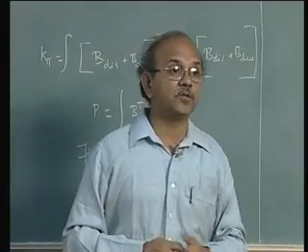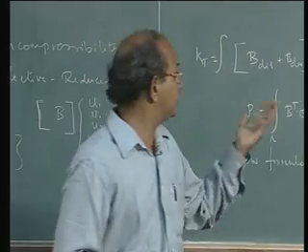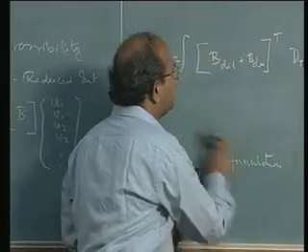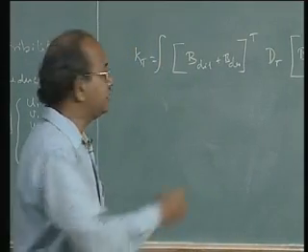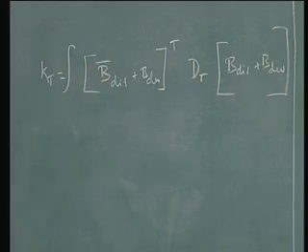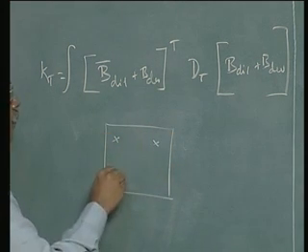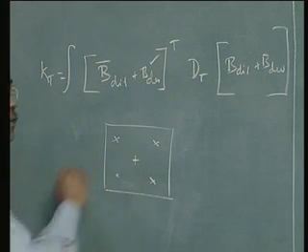There are other ways in which people have done it. What are the other ways in which people have done it? The implementations, there are so many implementations. The other way is to calculate B at a reduced Gauss point and call this as B bar. So instead of evaluating it at, say, 4 Gauss points, which you do for this, you evaluate B dilatational at, say, 1 Gauss point.